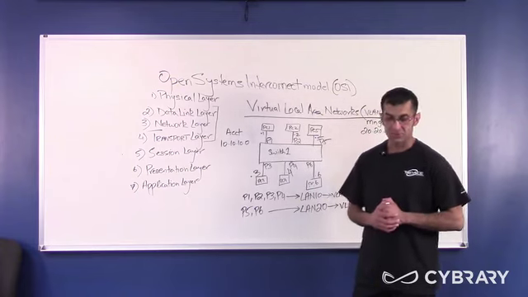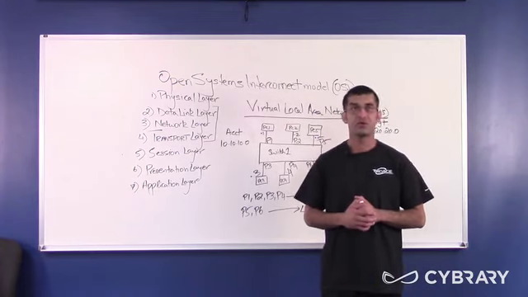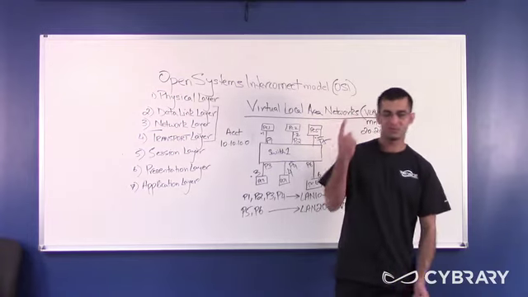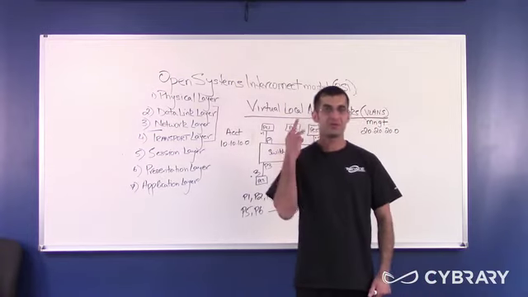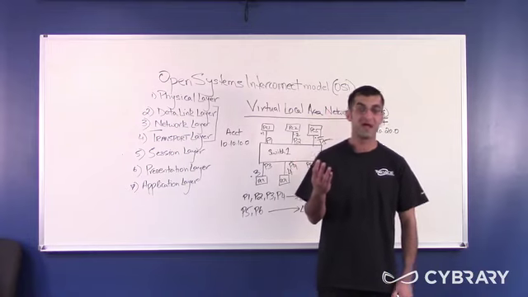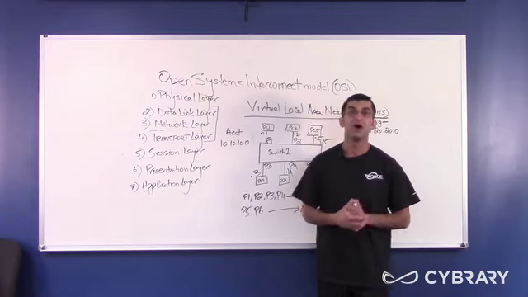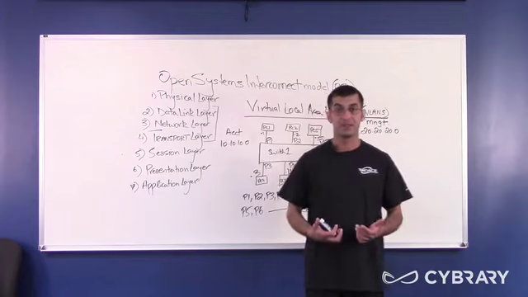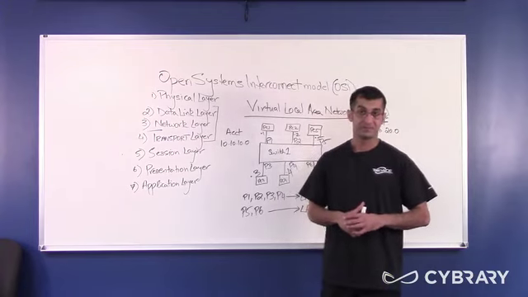VLAN 1 on a switch and VLAN 1002 through 1005. That's 1002, 1003, 1004, and 1005. And VLAN 1 are default VLANs, which means they already exist on the switch, and they cannot be deleted.